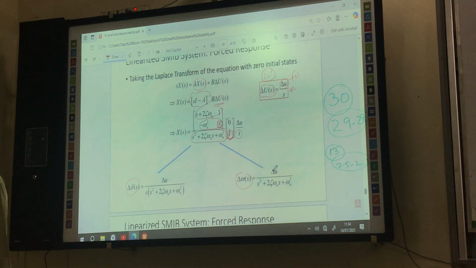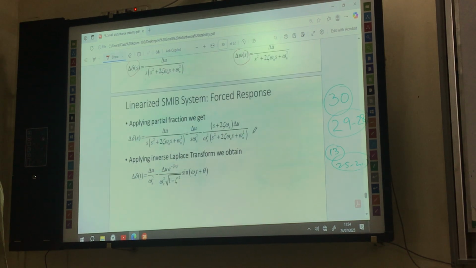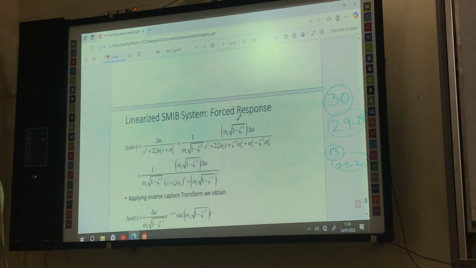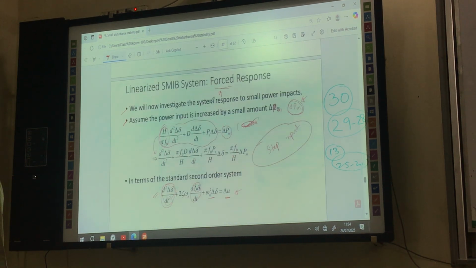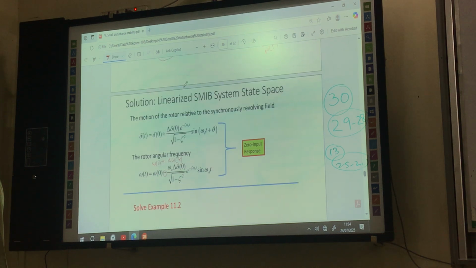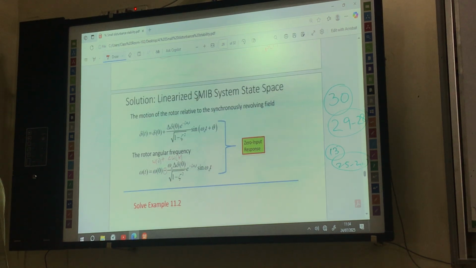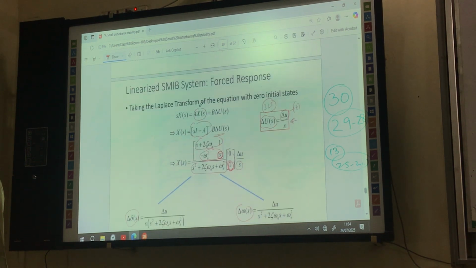Now again we have to apply the inverse Laplace. So let's say we are rearranging this thing like this. Then if we apply the inverse Laplace, you will get this. I am not showing this step, you should know this, because I have shown one case step by step, or line by line, and you will easily understand.